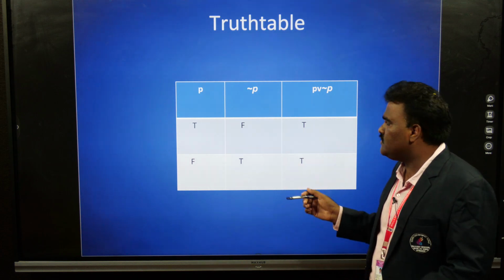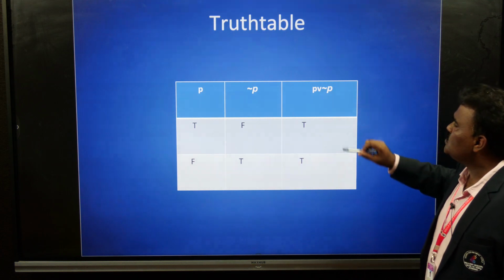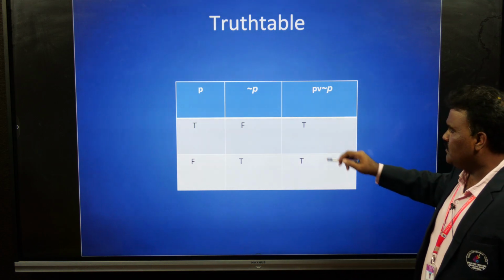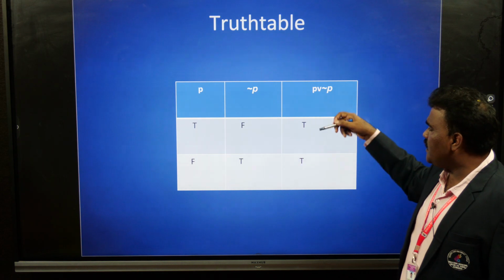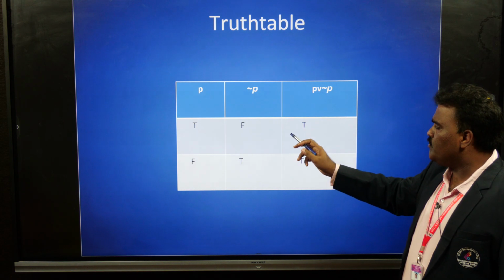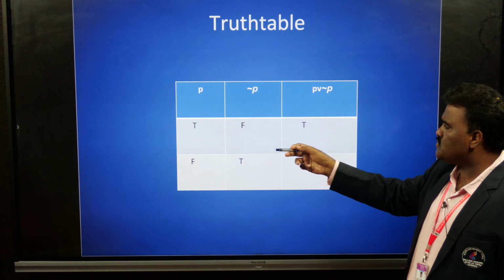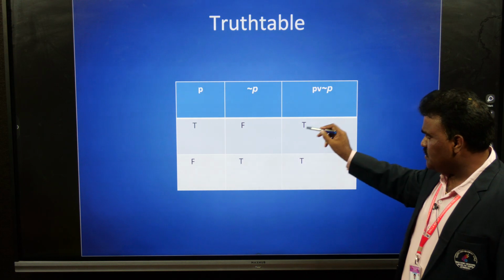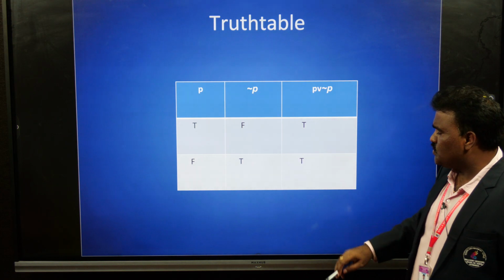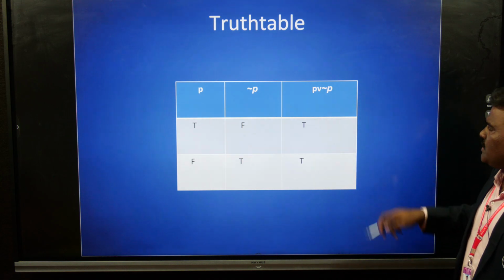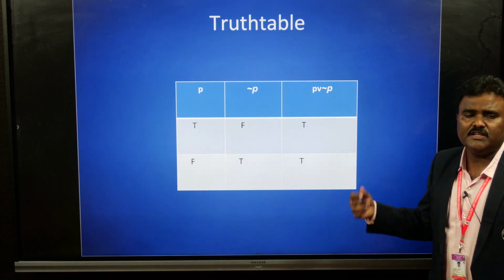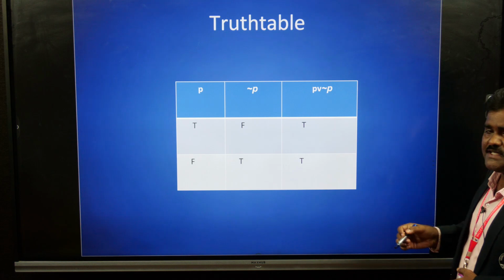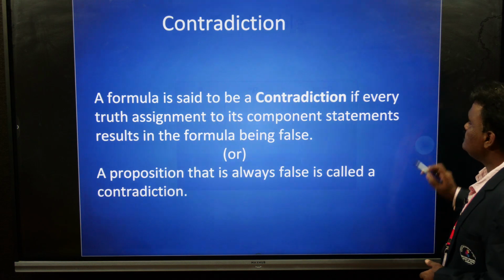Using the OR operator, if any one of the statements is true, the result would be true. So here the result is true, and here also true. If we get all values as true in the truth table, then that is called a tautology.